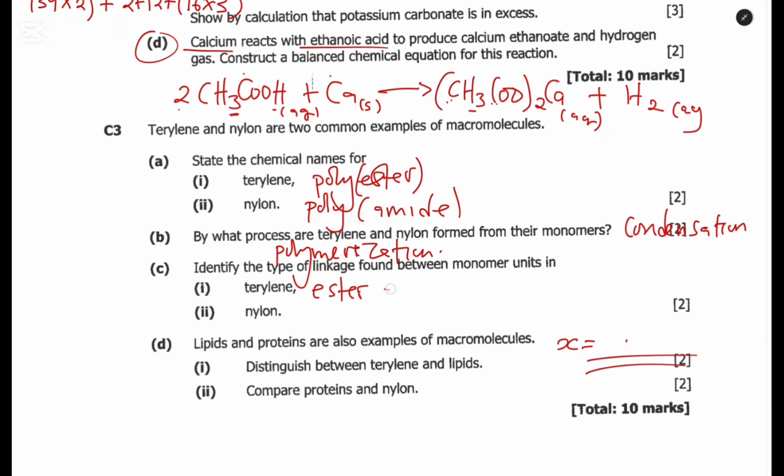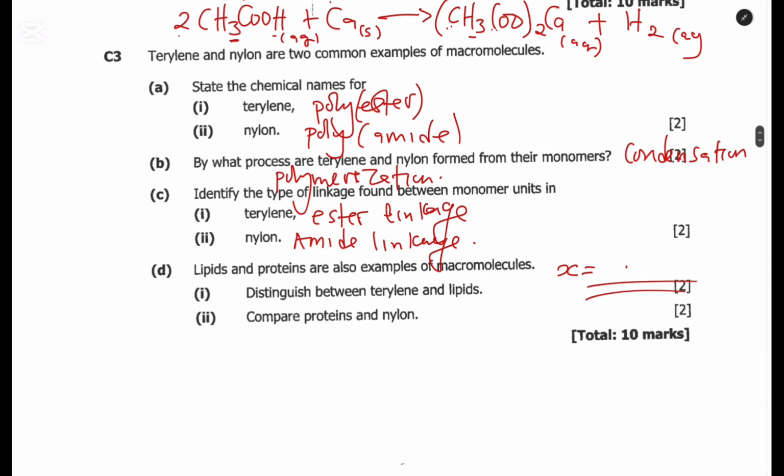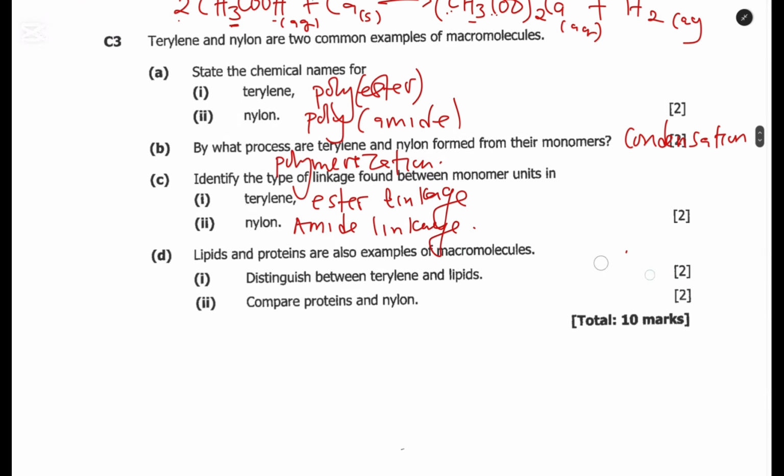Linkage is ester linkage. So the type of linkage found between monomer units in terylene is ester linkage. Then nylon is called amide linkage. Amide linkage.